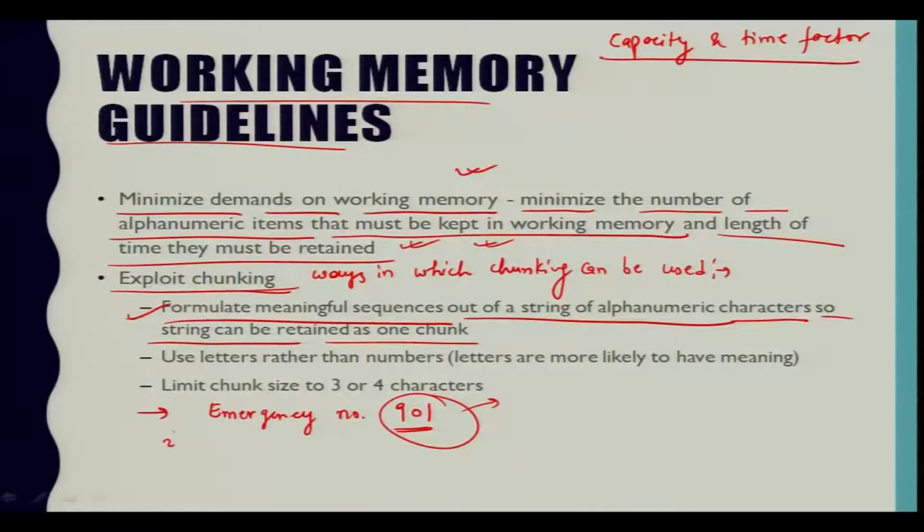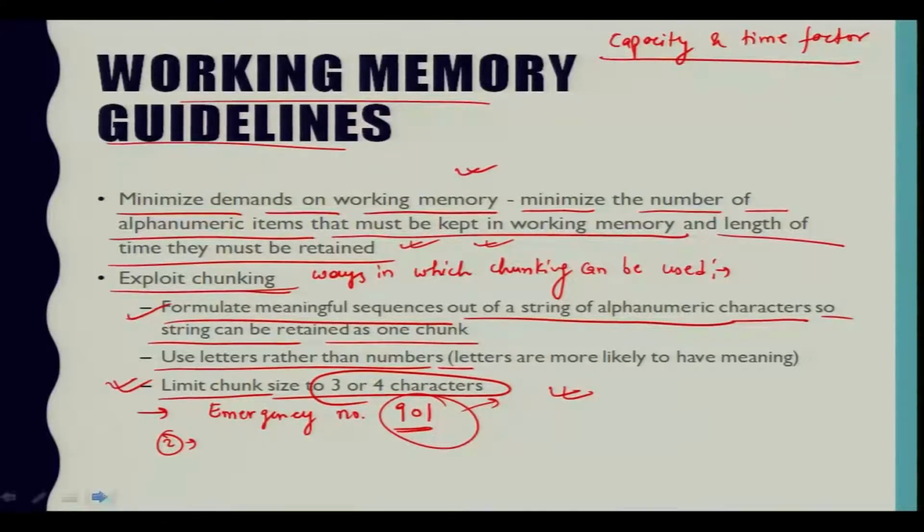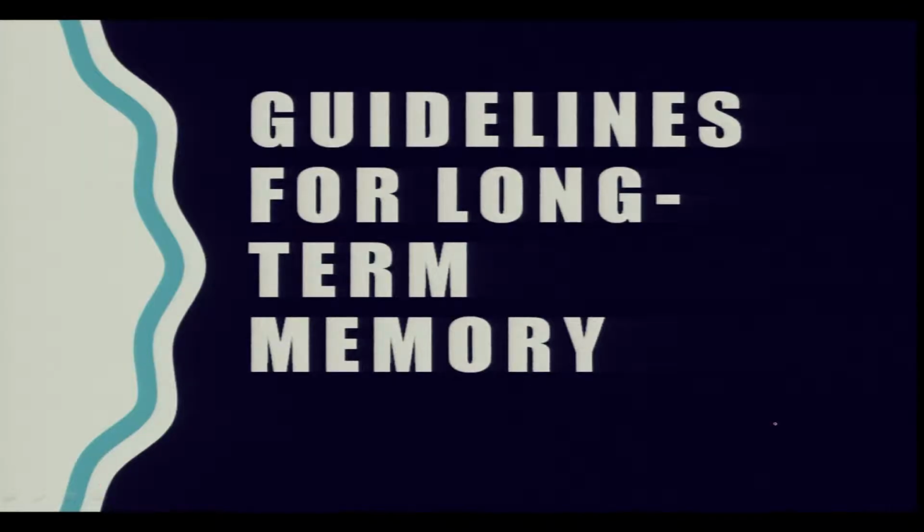Second, favor the use of letters over numbers because they are more likely to have meaning. The third way chunking can be performed is to limit the chunk size to 3 or 4 characters. In this way we can retain that particular information in working memory, and it can be used for further processing.